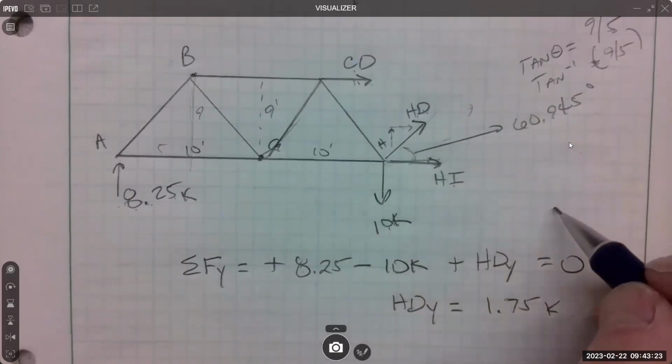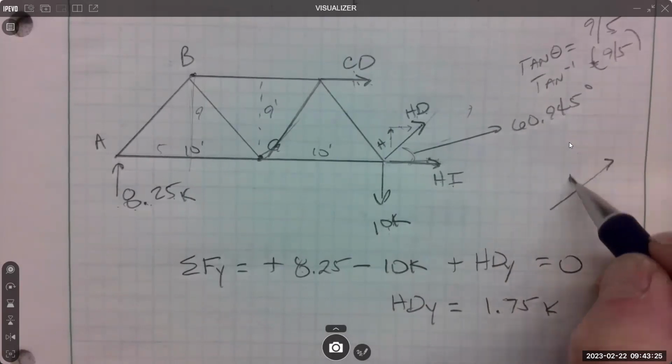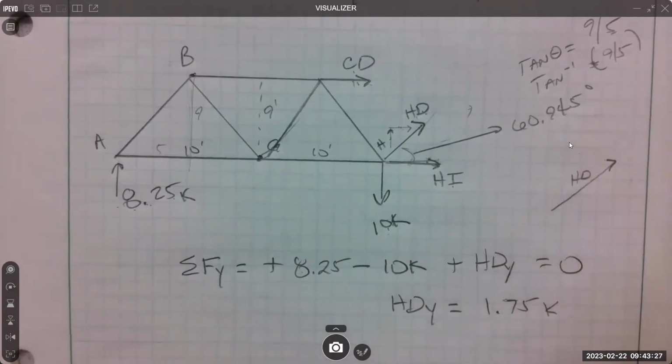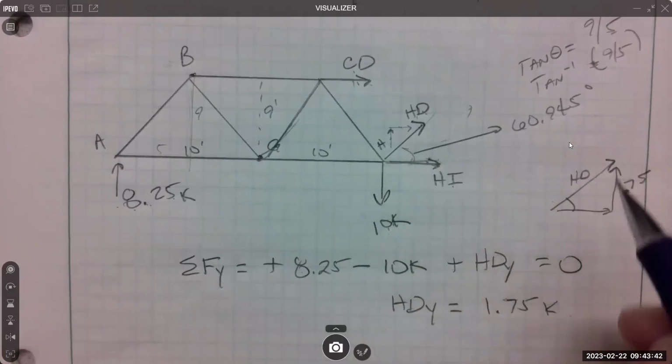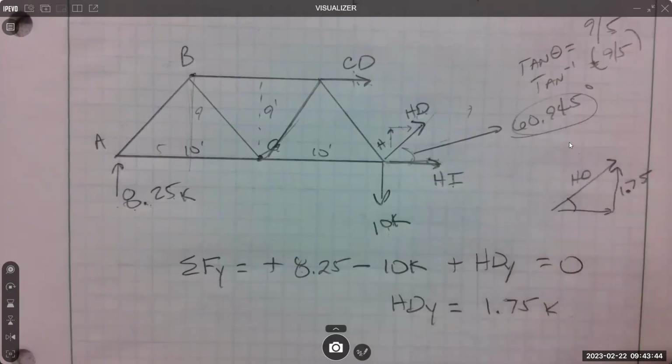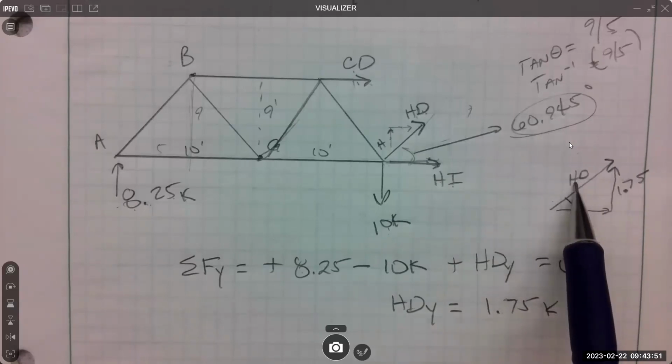I'm going to actually draw HD out here. I'm going to draw it over and up, and 1.75 is that Y component. Right? So I just pull HD out. I know this angle, 60.945 degrees right here, and I want to know HD.